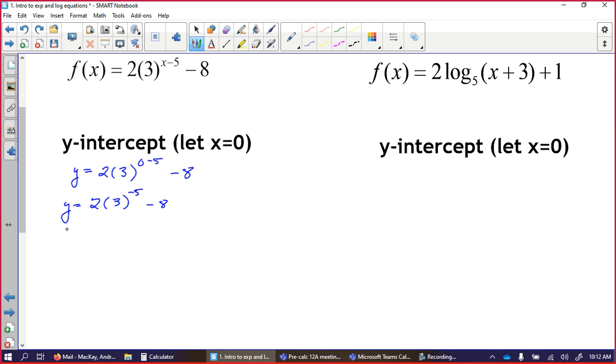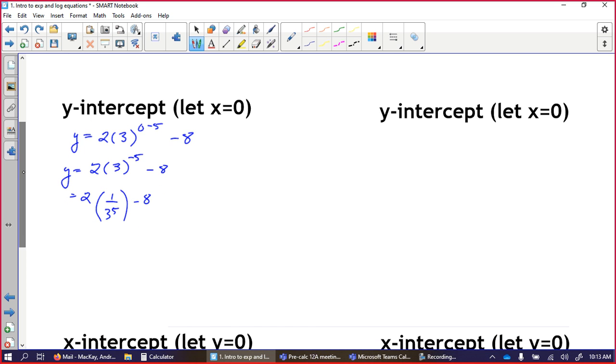So 3 to the negative 5 is 1 over 3 to the 5th, minus 8. Order of operations: 3, 9, 27, 81, 243.